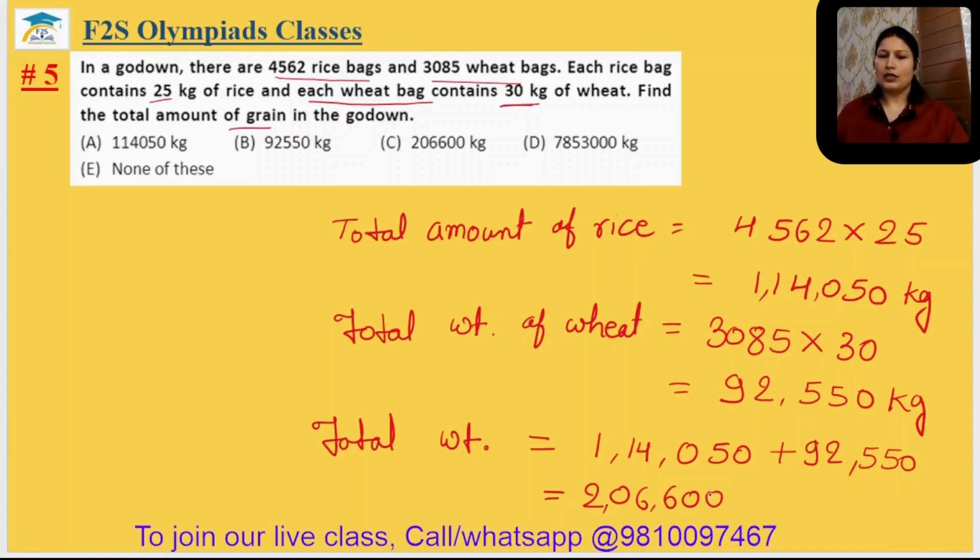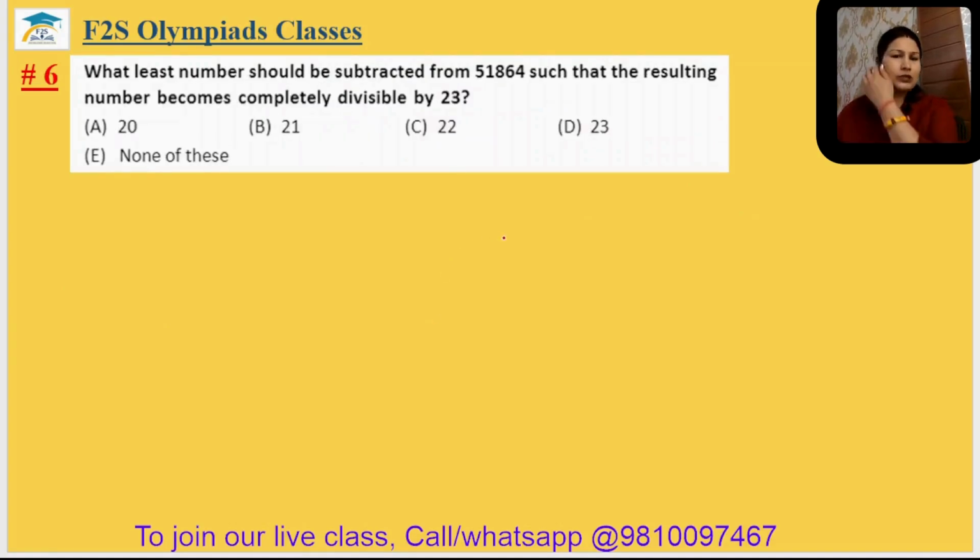Put comma here. Okay? The total weight is 206,600. That is in your option number C. The fifth answer is option C.